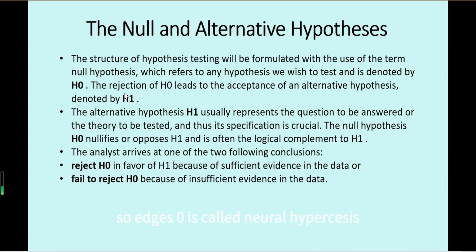H0 is called the null hypothesis, which refers to any hypothesis we want to test. So this is stated first. We want to test this hypothesis, so this is called H0, or null hypothesis. Another hypothesis is the one accepted upon the rejection of H0. This will lead to the acceptance of an alternative hypothesis, called H1.